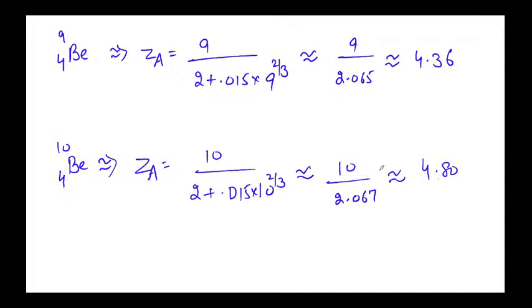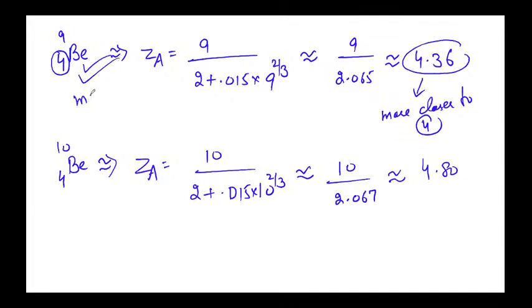So again 4.36 is more closer to 4, because the atomic number given to us is 4, so 4.36 is more stable, that is 4 beryllium 9.